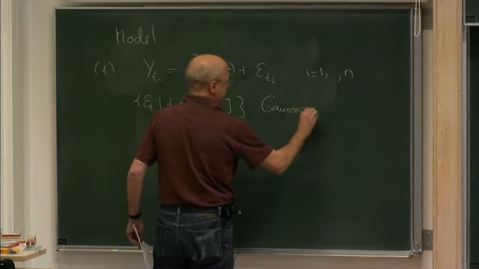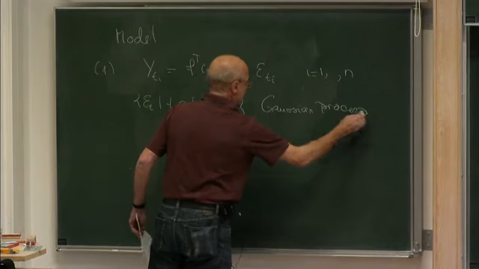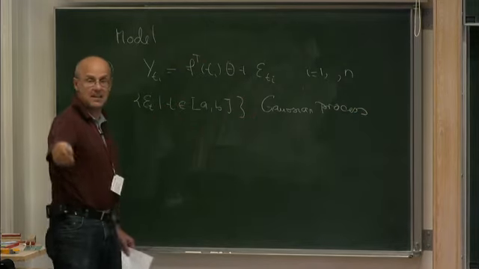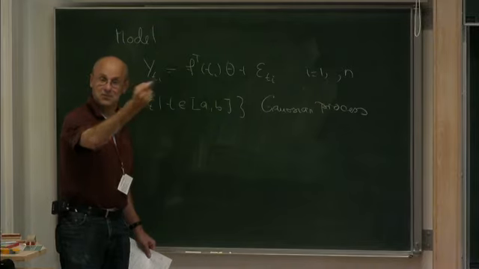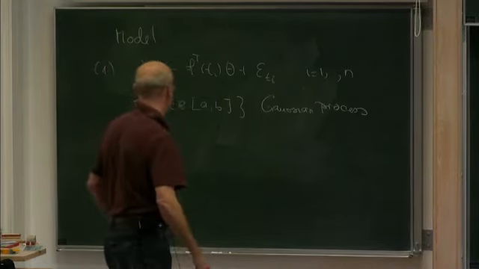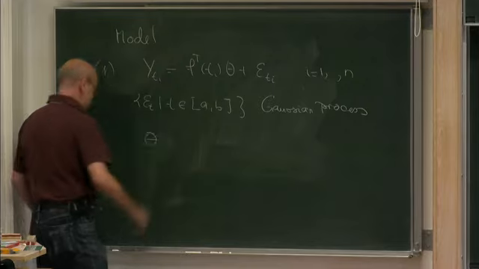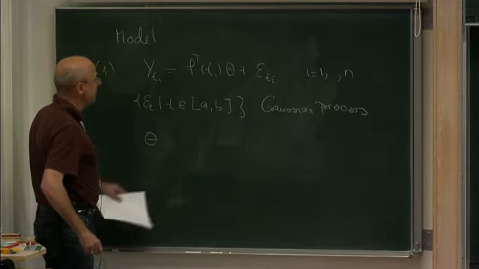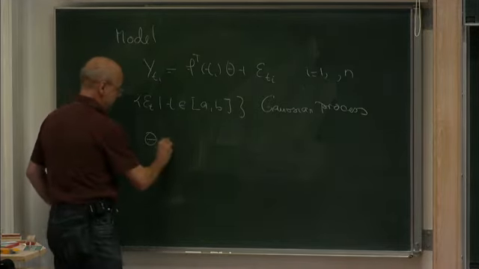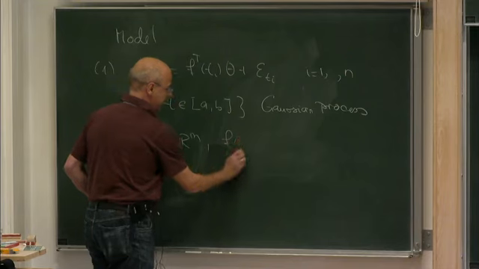So I put it here, and by the way, now it's the last chance. If you cannot read it, you could move a few rows forward. So I announce that anyway. If you don't want to hear, it's also okay. Theta is some kind of parameter, and f is a vector of regression functions.